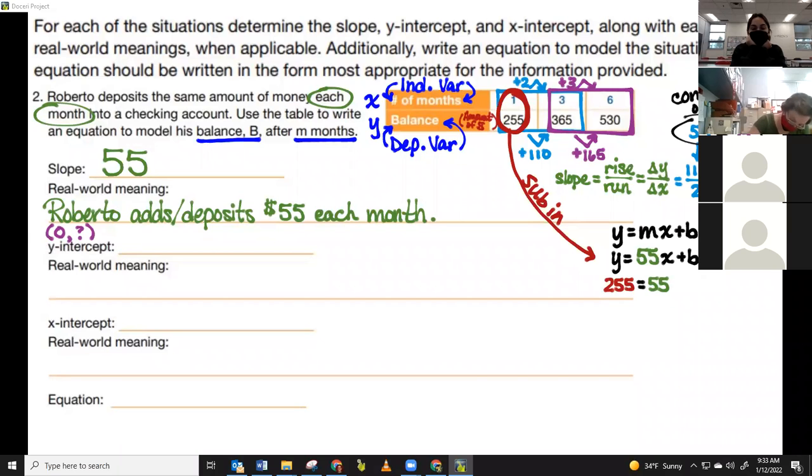One. I have to sub in for both X and Y, because math can only find one thing at a time. And now I only have one thing that I'm looking for, which is B. So now I'm going to simplify this and I'm going to find B, which is my y-intercept.